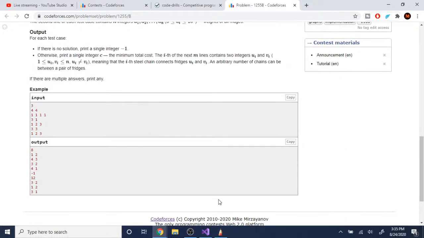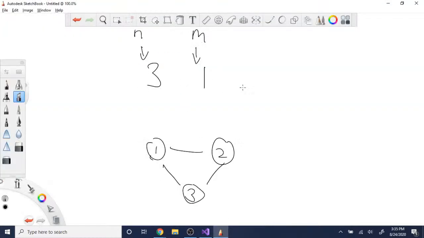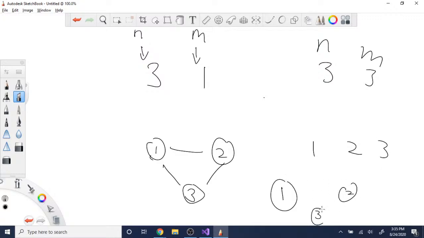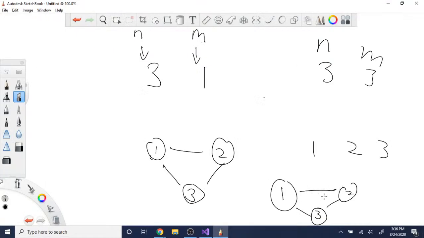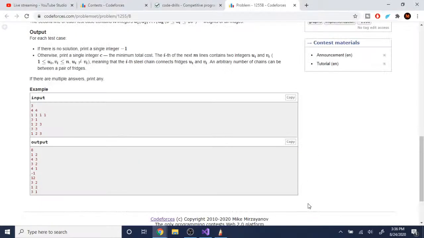Okay, let's see. 3, 3, 1, 2, 3. If I do 3, 3, n and m, 1, 2, 3, and I have 1 and a 2 and a 3, and I connect these two together, 3 to 2, 1 to 2, 3 to 1.